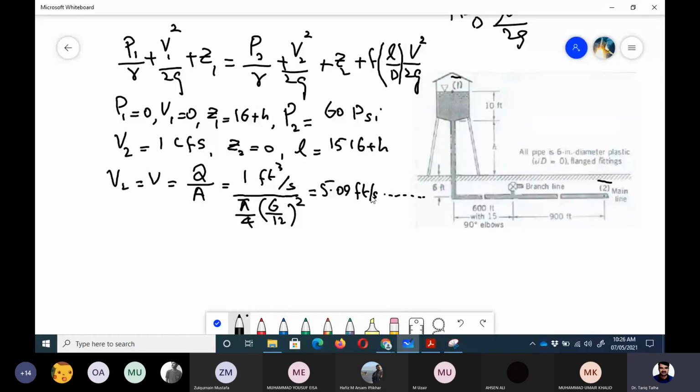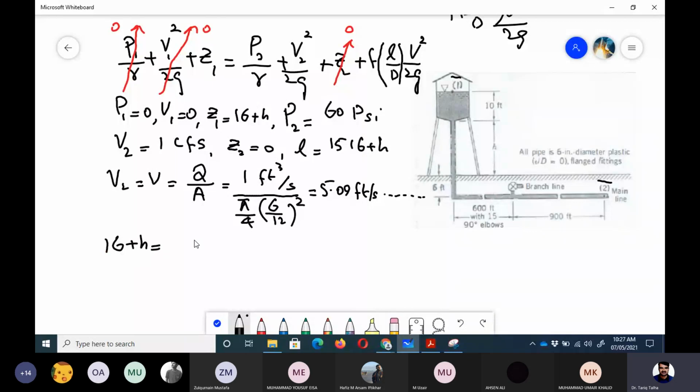So now we know that V1 is equal to 0, and then P1, in terms of gauge pressure, is also equal to 0. And then Z2 is equal to 0, right? So in this equation, if we put the values now, it would be 16 plus H, which is Z1, is equal to P2 upon gamma.